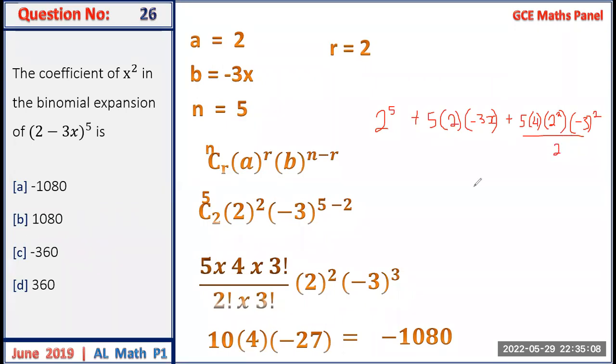So this is the term in x squared. I'll focus only on this term in x squared. This will give us 5 times 4, 20. 20 times 2 to the power 3 times 9, all this over 2. Let's see if it gives us the same solution.